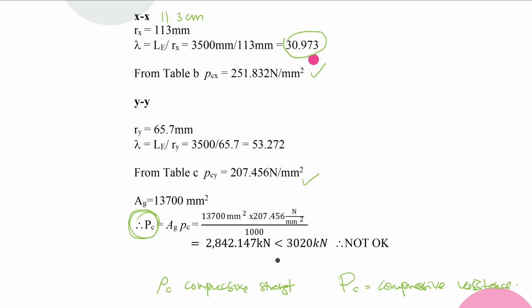force. Okay, so PC ni kita kena calculate using the formula of AG. AG ini is the gross area of the column lah, and then darab dengan compressive strength. Okay, so compressive strength we have YY, we also have XX. You pick the number which is the lowest.